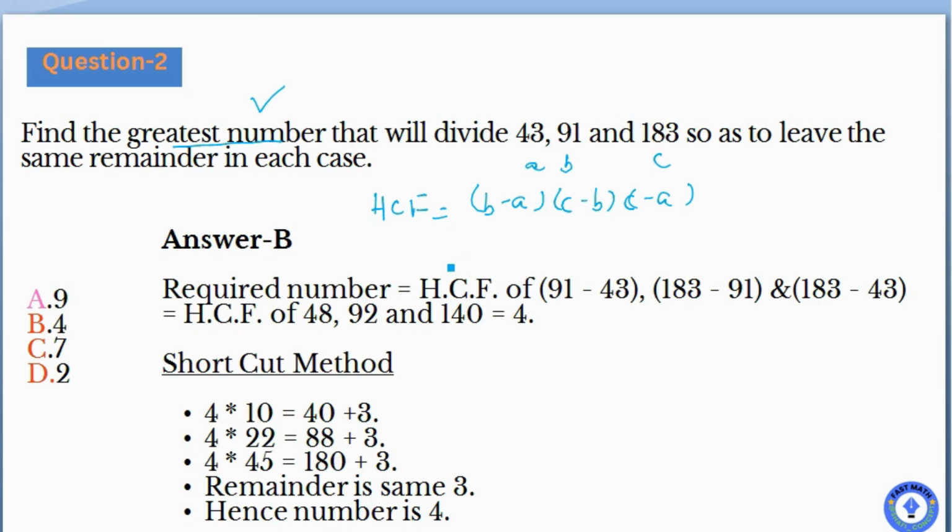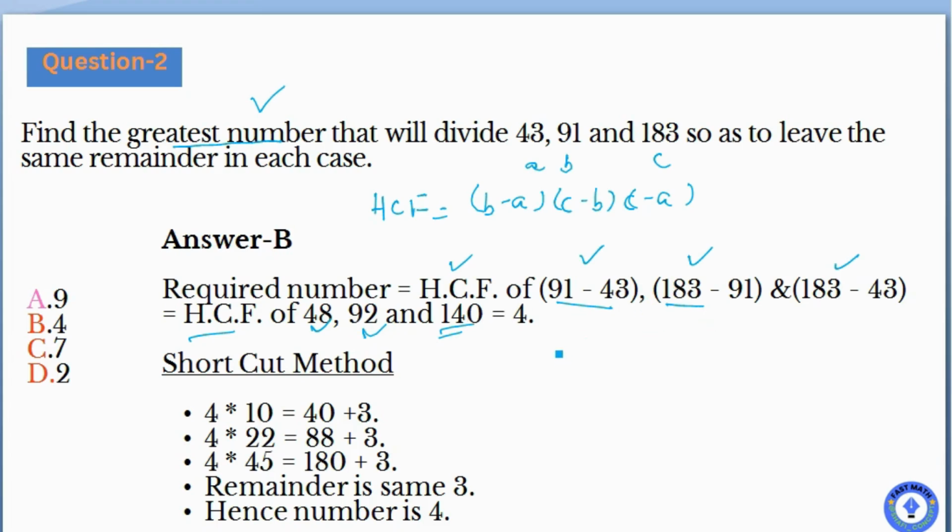In this case, the HCF of B minus A means 91 minus 43, C minus B is 183 minus 91, and C minus A is 183 minus 43. Finally, 91 minus 43 is 48, 183 minus 91 is 92, and 183 minus 43 is 140. The HCF of these numbers, you know how to calculate.